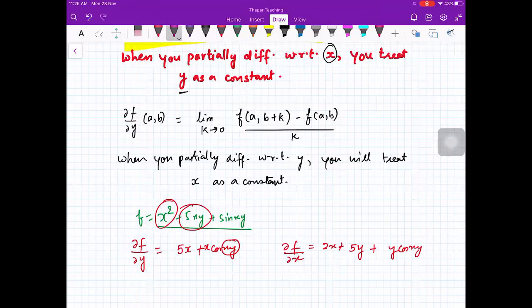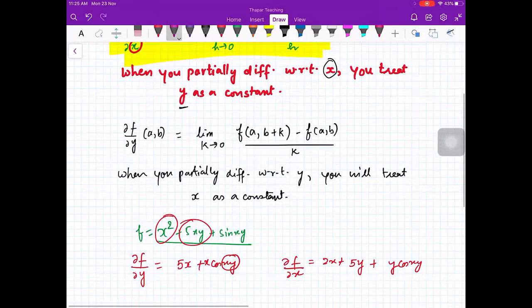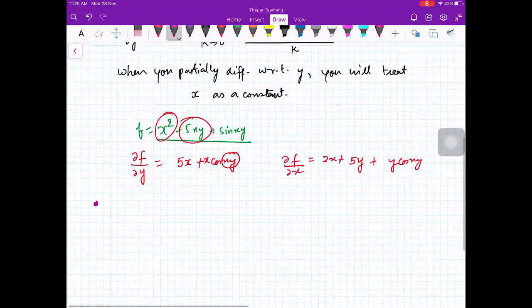One more thing we had seen is that for a function of one variable, if a function is differentiable at a point, it has to be continuous at that point.